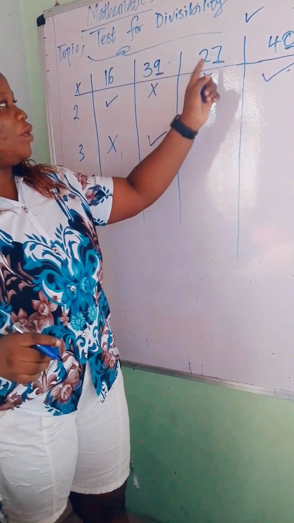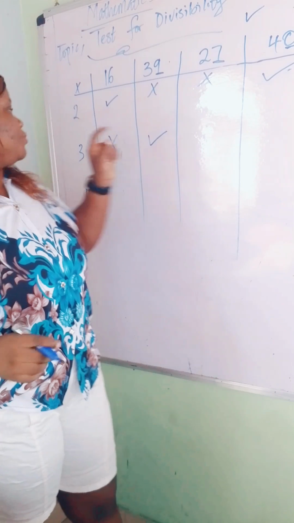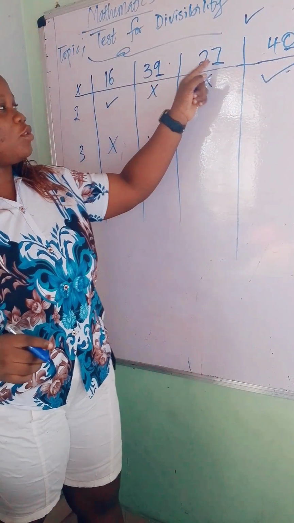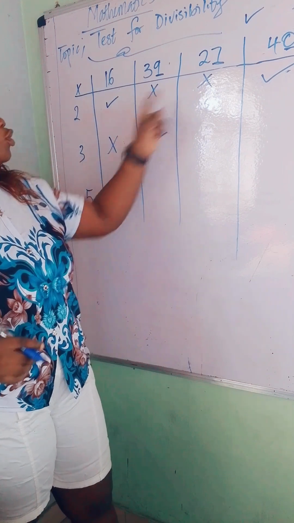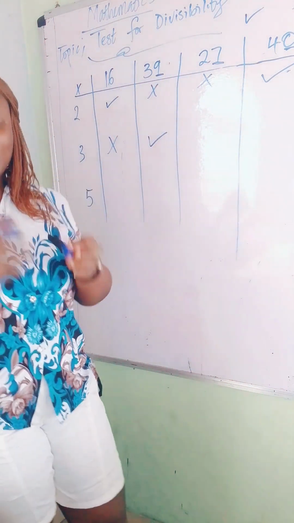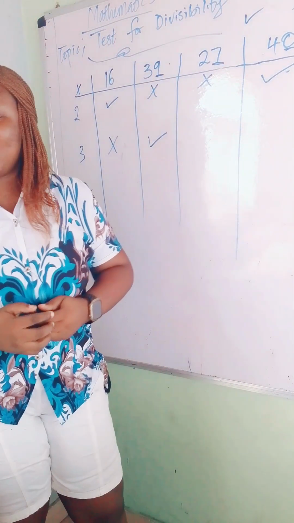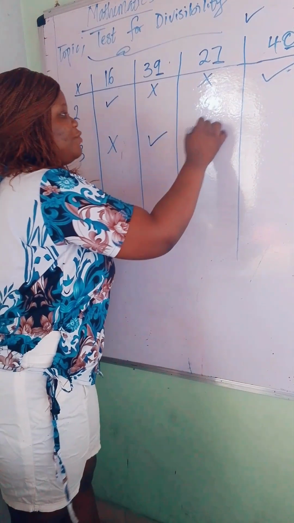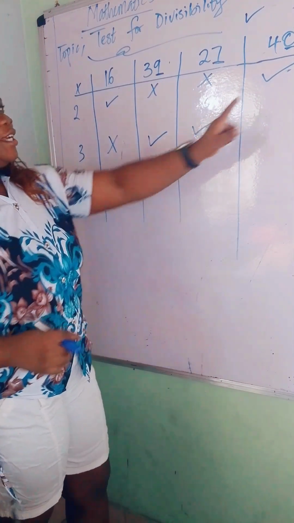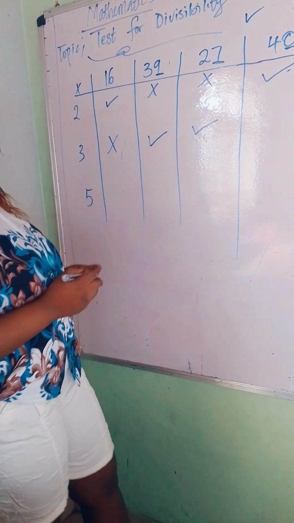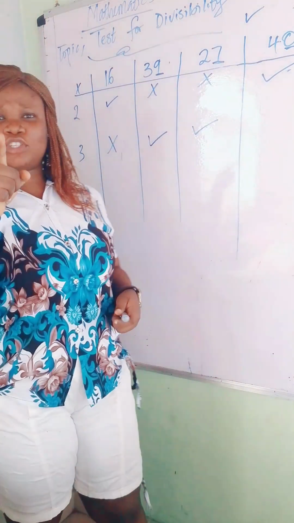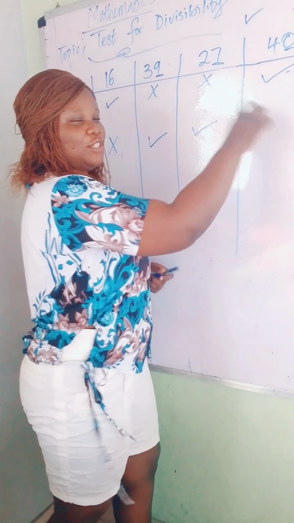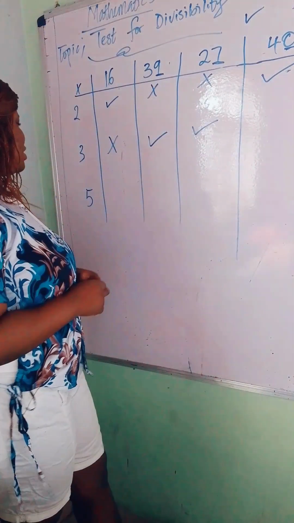Let's go to this one. 27, we want to check if it is divisible by 3. 2 plus 7 is 9. Yes, in our 3 times table, 9 is part of our results. So 27 is divisible by 3. 40. Can 40 be divisible by 3? I want you to think about that. I won't do this one. You do it and tell me in the comment section.